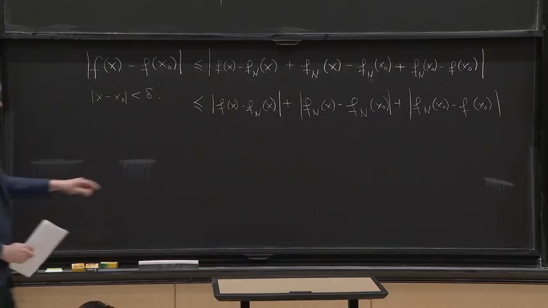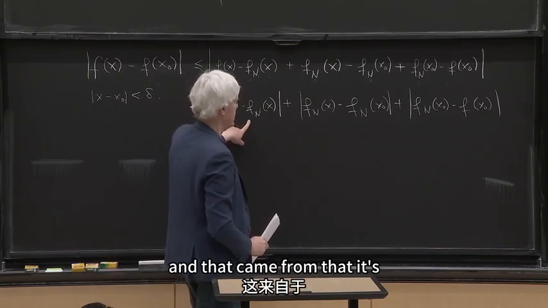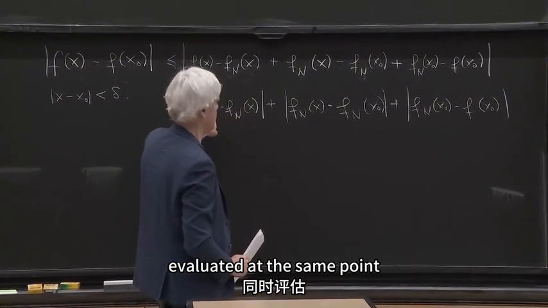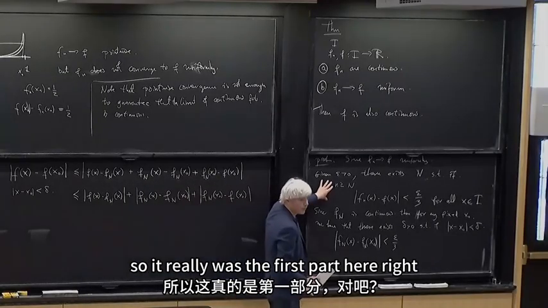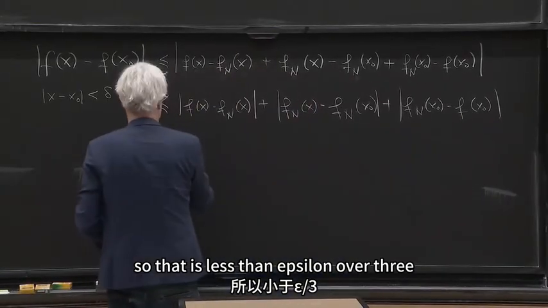Now, this first thing is smaller than epsilon over 3, and that came from the fact that it's evaluated at the same point, and the convergence was uniform. So that is less than epsilon over 3.